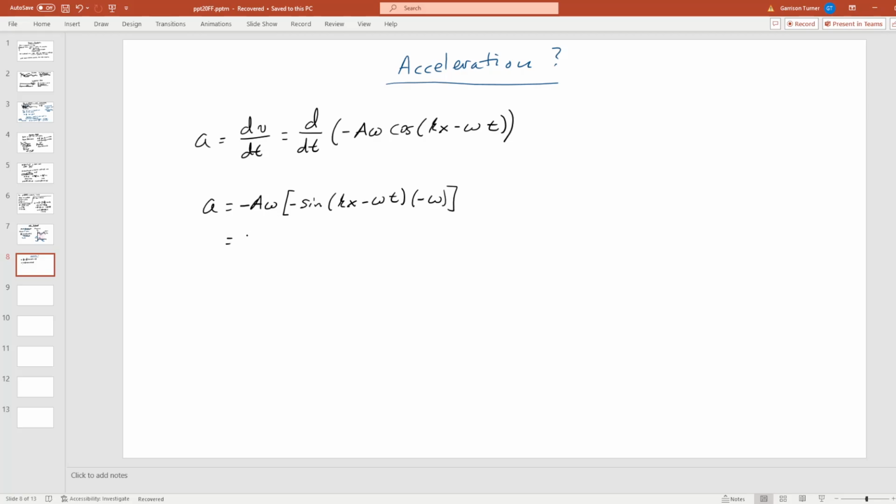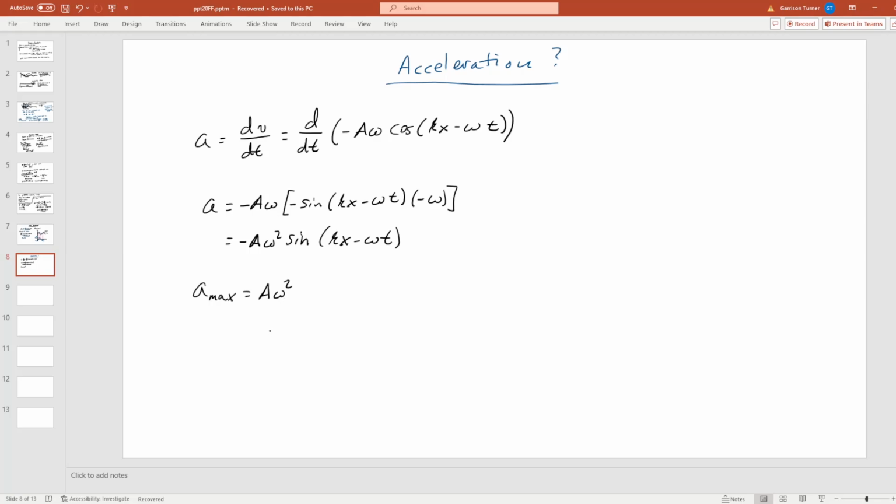So we get negative A omega squared sine(kx minus omega t). Okay? And so once again, your maximum acceleration of your medium is equal to A omega squared. All right.